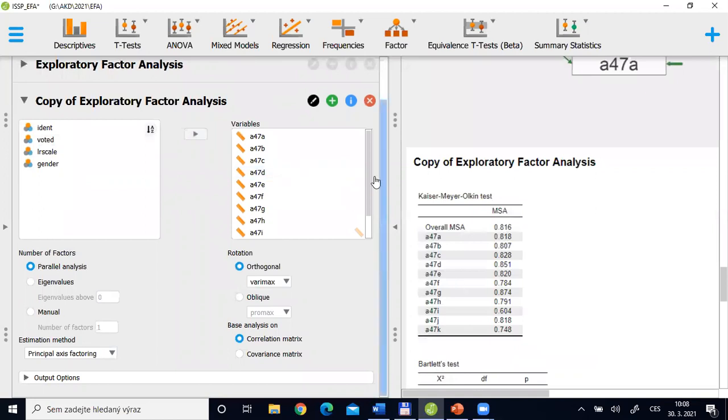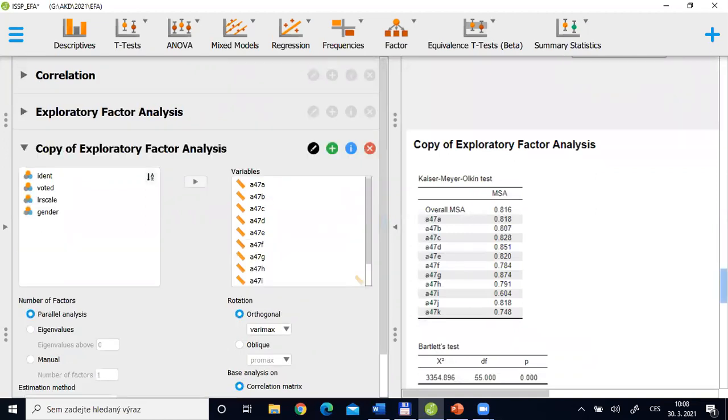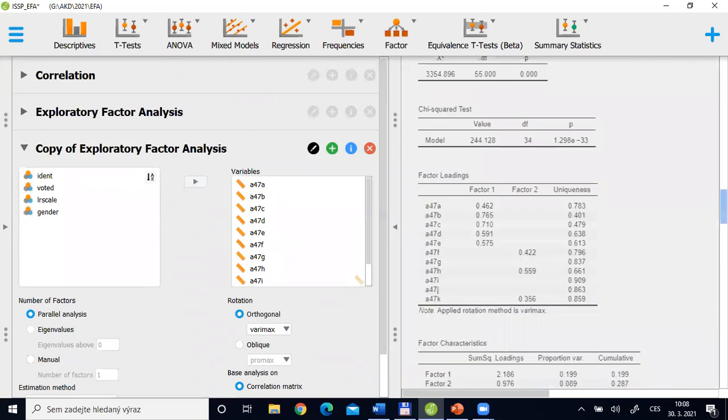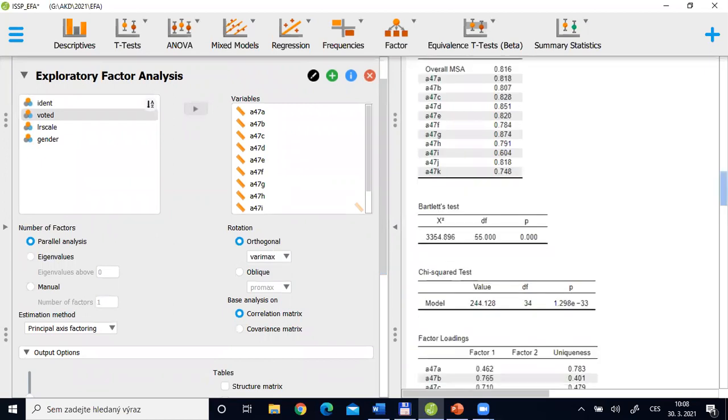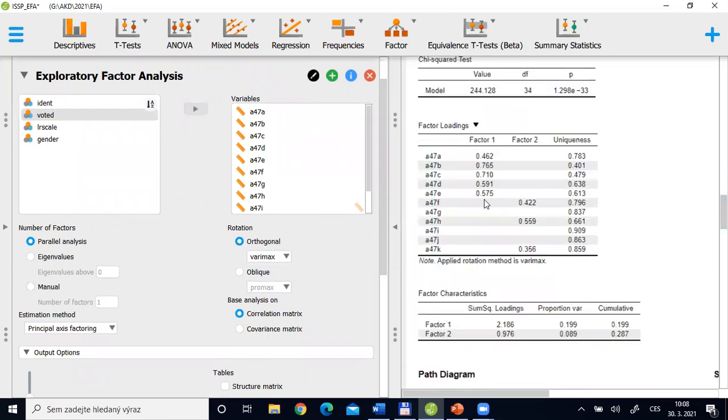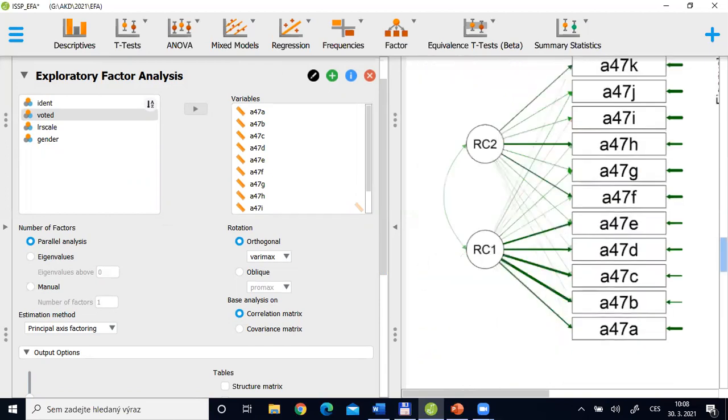As previously, I made an orthogonal rotation, so I expected two dimensions, once again the left-right scale and the dimension that can be called the liberal-conservative scale, that are not related at all. If you go back to this picture, only very, very weak relationships are expected here.